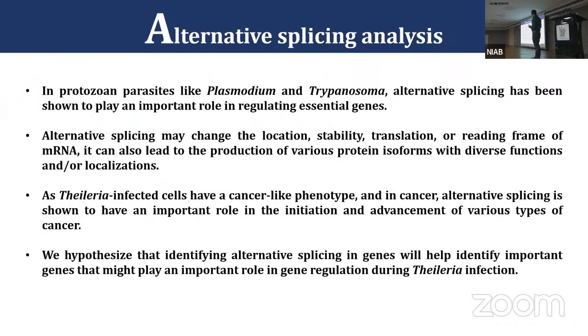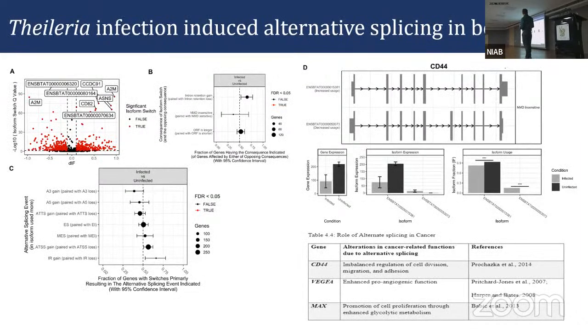In this analysis, we found that around 272 genes are alternatively spliced, and some of these genes are already reported to be involved in promoting cancer. So these are the genes, and here I have highlighted one gene for representation purposes.